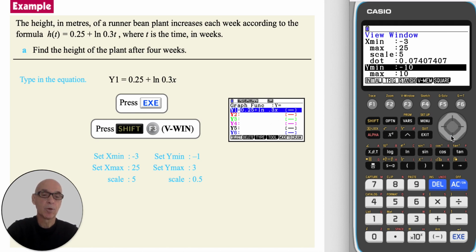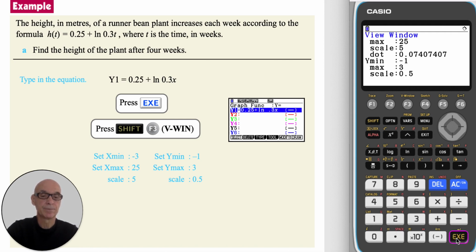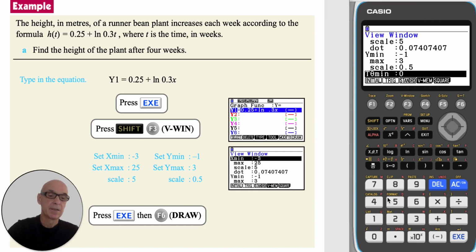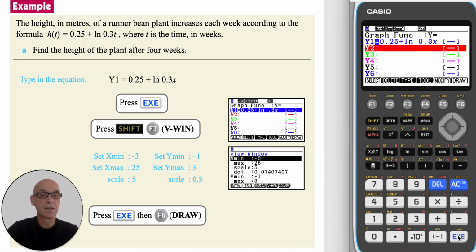And then for mainly positive y values, we can set y min -1, y max of 3 with a scale of 0.5. Pressing execute to enter these values, and then F6 to draw the graph.